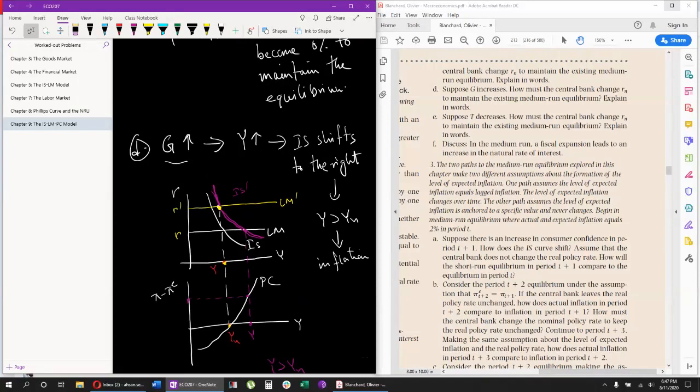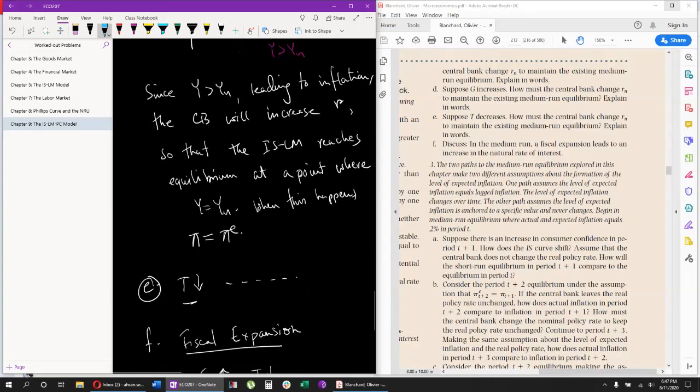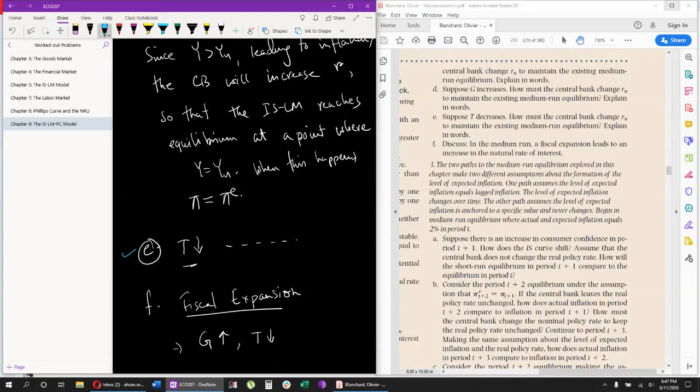So let's look here. We had an interest rate of R right here. Then we had a fiscal expansion. G went up. And because of this fiscal expansion, interest rate went up to R prime. And once you do part E, you will see something very similar: because tax has gone down, interest rate is going up.